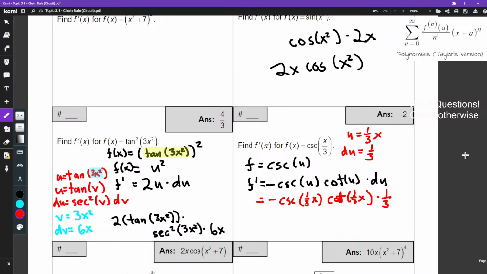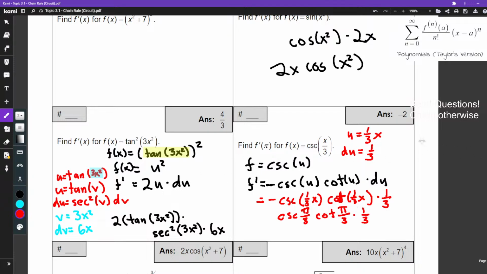And then we do the math here. So you have cosecant and cotangent. Well, cosecant of 1/3 of pi over 1/3 of pi over 3 times cotangent of pi over 3 times 1/3.